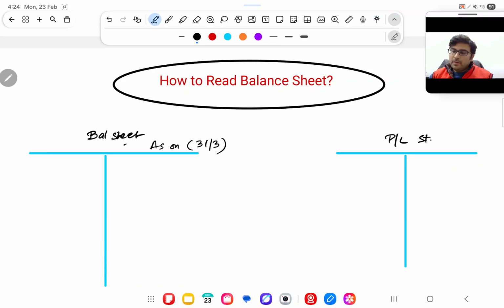Now understand from a layman's view that Mr. A wants to start a business. He will need various items. Items in the sense he will need funds to start a business, of course. When you are about to start a business, you will need funds for land and building.